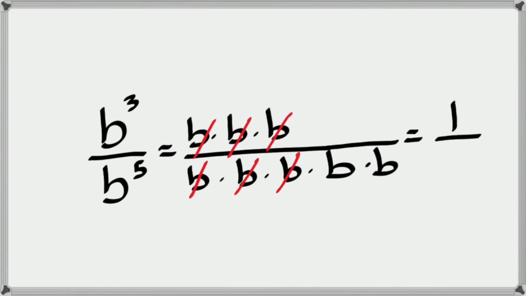When nothing is left on the top, we just write a 1. And that is the same thing as b to the negative 2. So the way you get introduced to negative exponents is through the quotient rule when the remainder of your bases is left in the denominator.